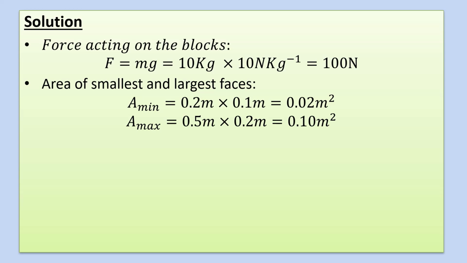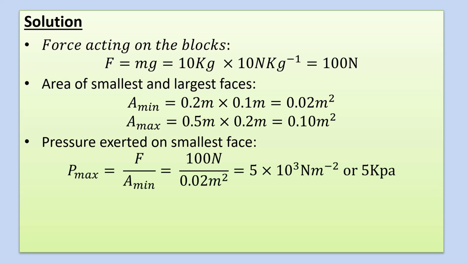Therefore, we expect that pressure maximum should coincide with area minimum, and that should get us to the third point where we calculate the pressure exerted on the smallest face, then the largest face. So the pressure exerted when the body is lying on its smallest face, we call it P max because it's now the maximum pressure.